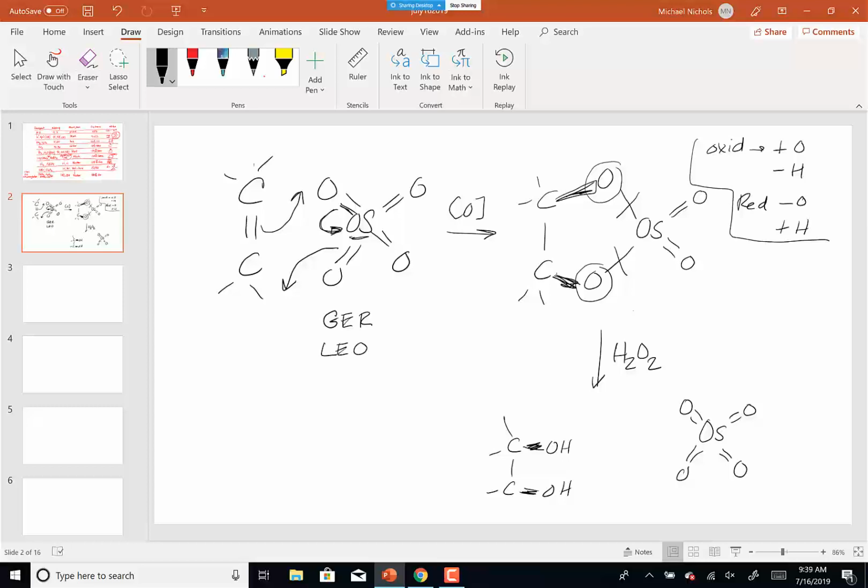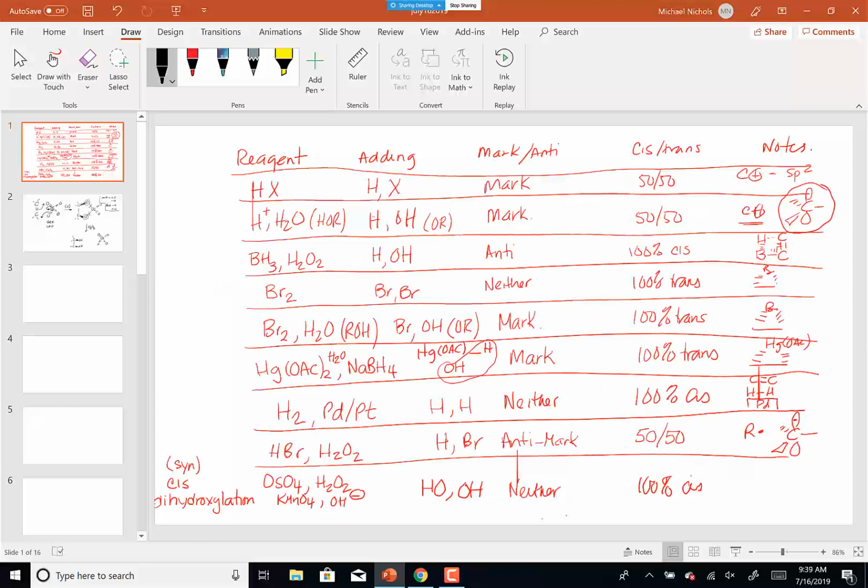But one of the things that's going to be difficult, at least initially, to handle is how many different hydrogen peroxides do I see in this list of reagents. I've got it for hydroboration oxidation, I've got it for HBr addition, and I've got it for this osmium. So hydrogen peroxide is a reagent that we use in 3 of these reactions.